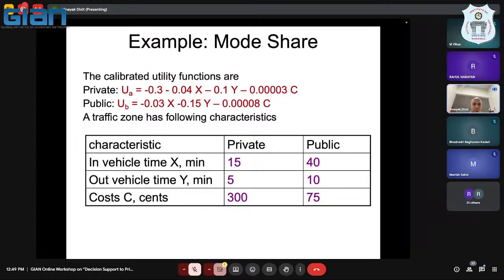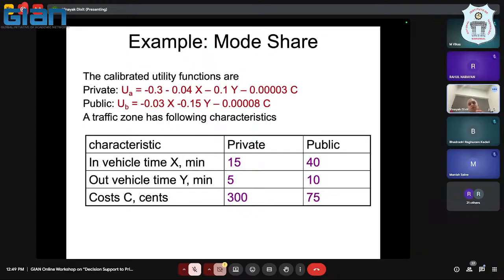So because of that, sometimes this variable, the in-vehicle time preference, is a bit higher. The disutility is lower, and the out-of-vehicle time is higher for a bus, because you have to walk a little bit longer. Here you have to walk less, and the cost also is different. So these are your preferences.